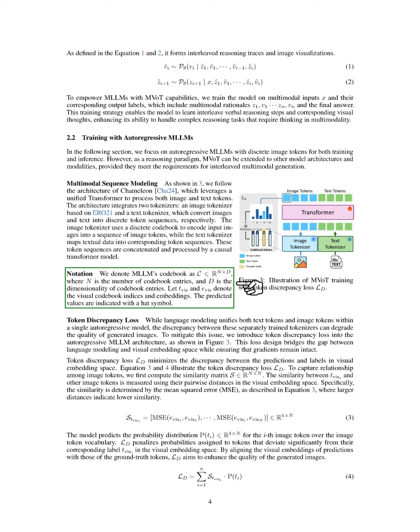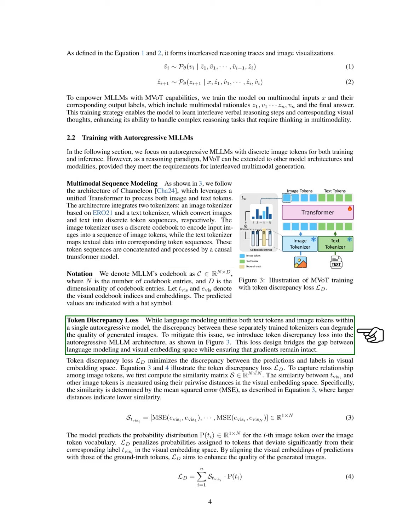We denote the MLLM's codebook and its dimensions, along with visual codebook indices and embeddings. The predicted values are marked with a hat symbol. To address the issue of discrepancies between separately trained tokenizers, we introduce a token discrepancy loss into the autoregressive MLLM framework. This loss helps align the language modeling and visual embedding spaces while maintaining gradient integrity.